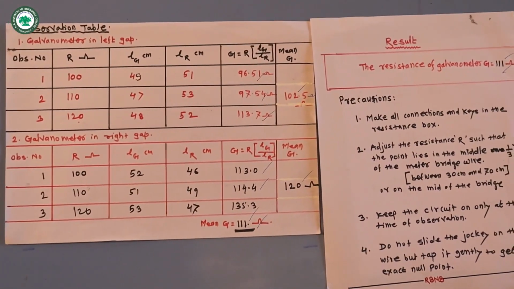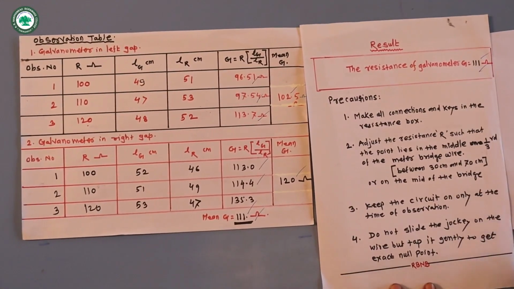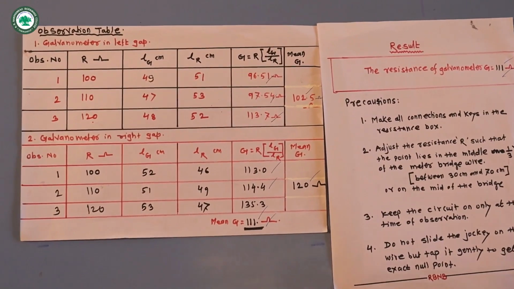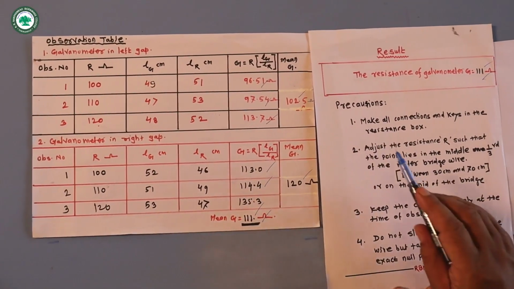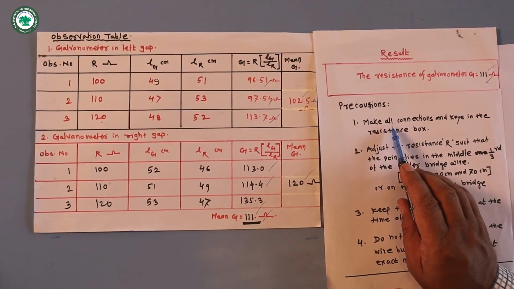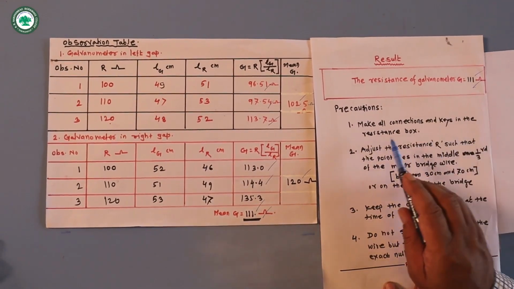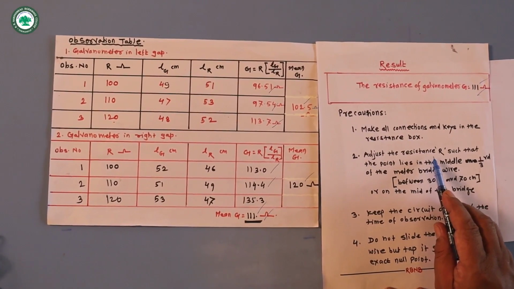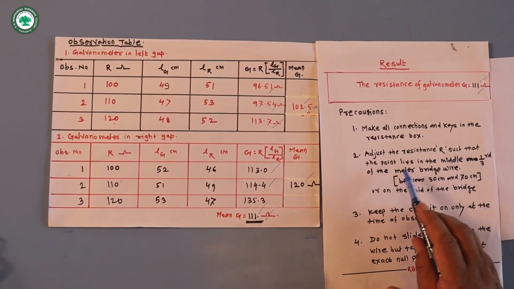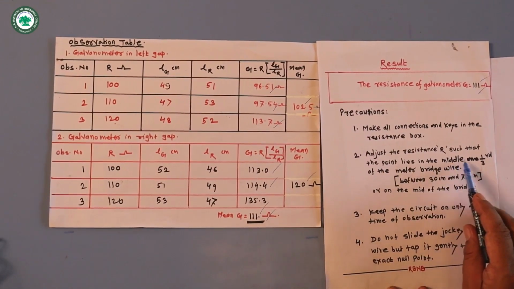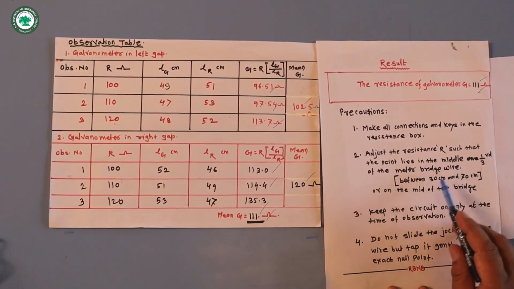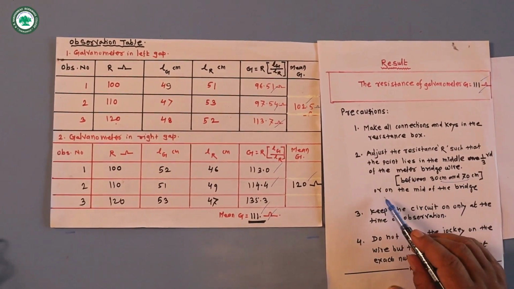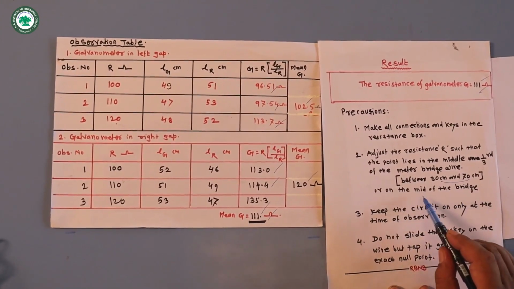And now we take some precautions while performing the experiment in our laboratory. First precaution is, see here, make all connections tight and keys in the resistance box. Adjust the resistance R such that the point lies in the middle 1/3 of the meter bridge, or between 30 and 70, or on the midpoint of the bridge.